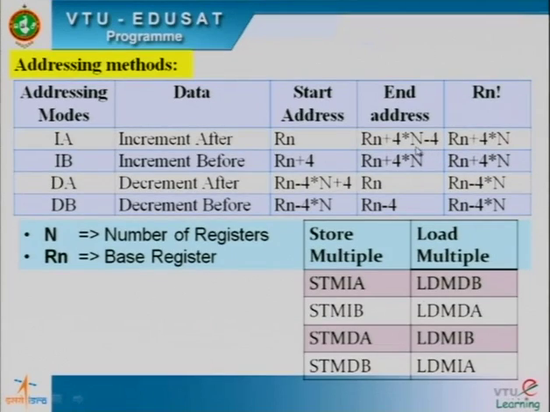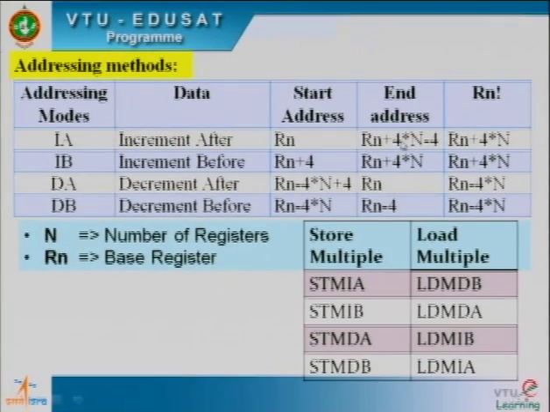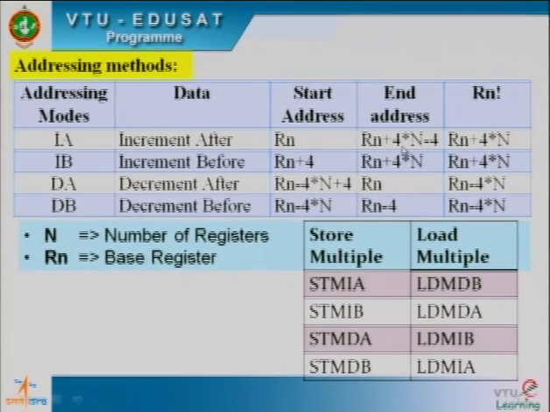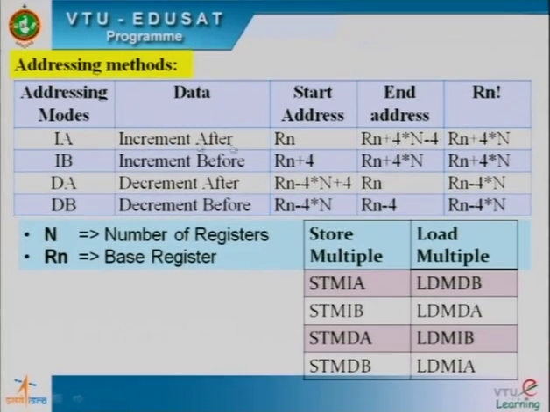What is this? N is the number of registers that need to be loaded or stored. Rn is the base register. So if Rn is a base address and there are 3 registers, then Rn plus 12 minus 4, that is Rn plus 8. It will become Rn plus 8 because it is increment after. So it will load the value and then increment it.